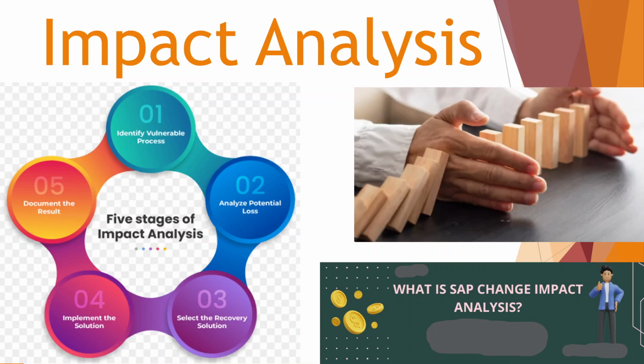And on the left hand side, the big image clearly says what all steps we have with respect to the impact analysis. What all the stages are there for impact analysis? For example, identify vulnerable process, means you need to identify the process which can be impacted from the change, which has a potential to get impacted by the change which we are implementing.